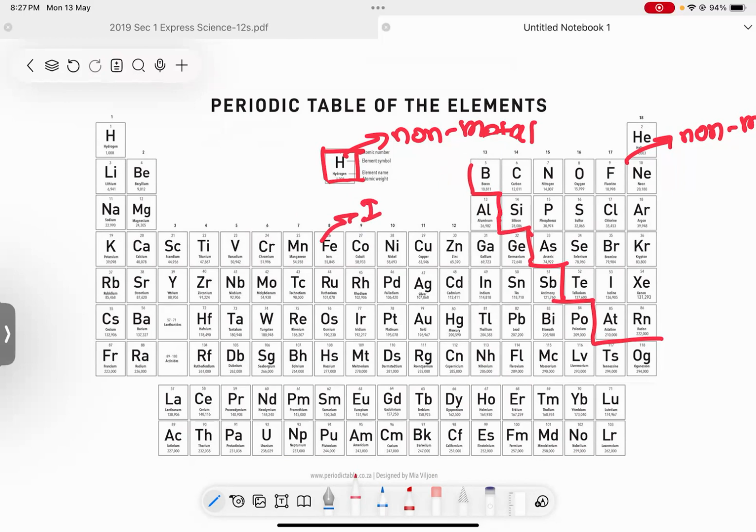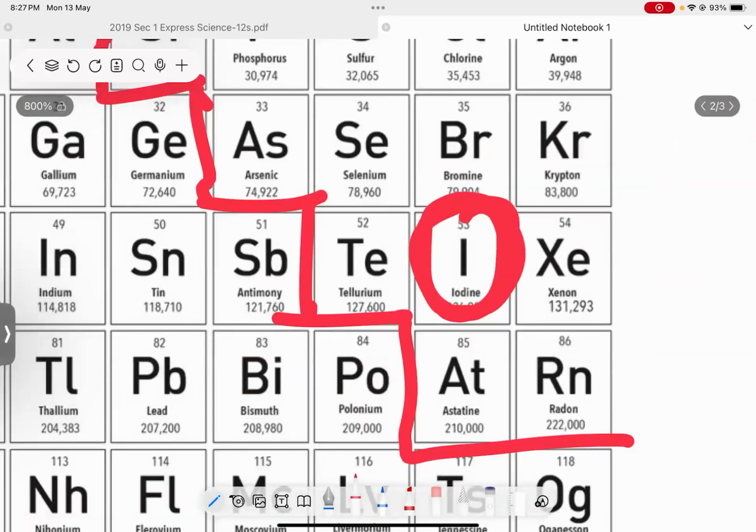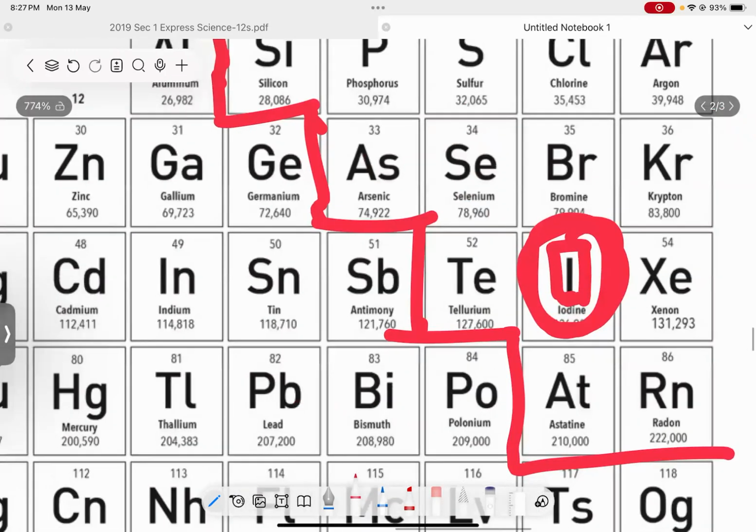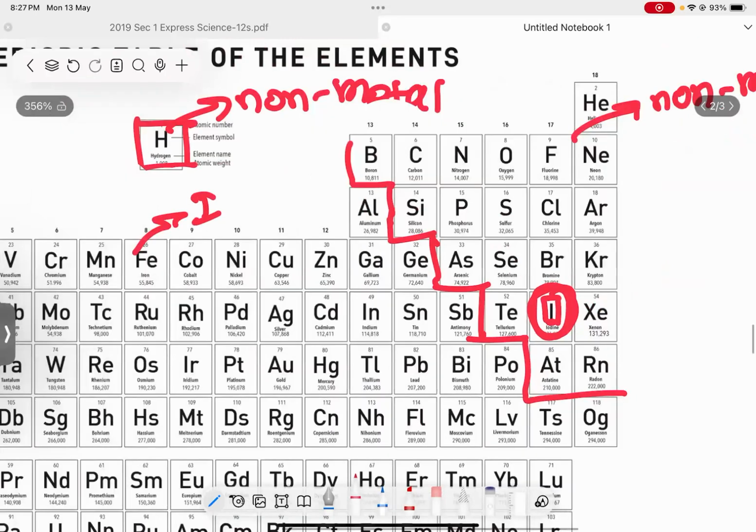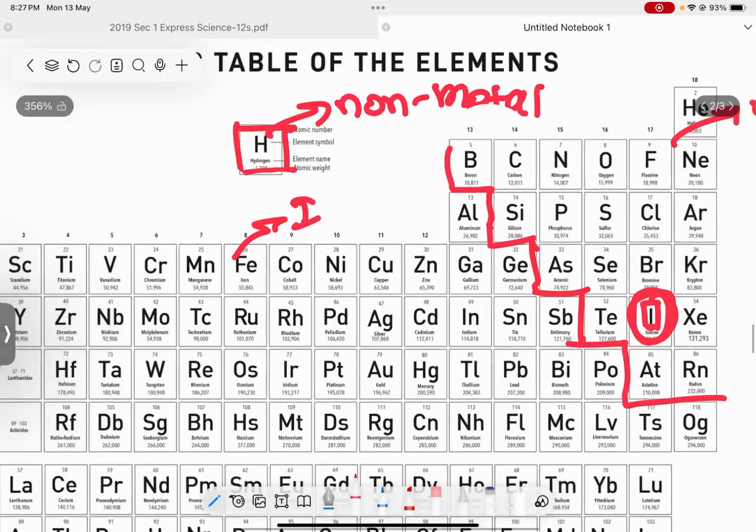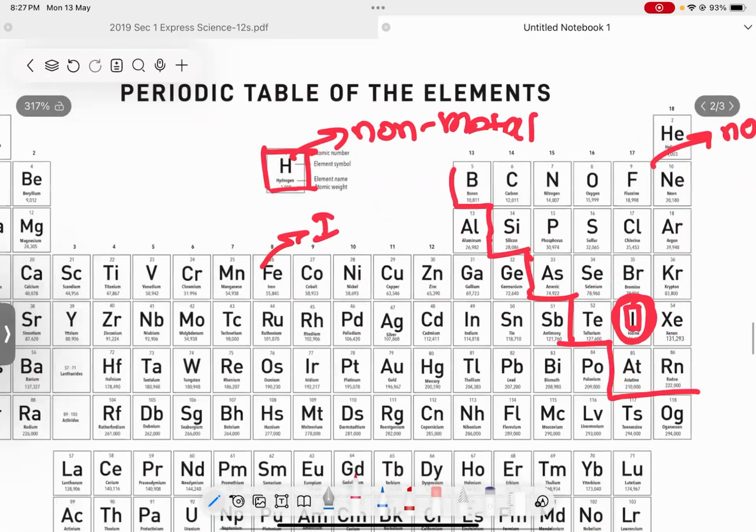But, friends, if you observe this little thing over here, iodine already has an I. Don't believe me? Look closely. This over here is nothing but an I. So if we take an I and use it for iron, then it will be I here and I here.